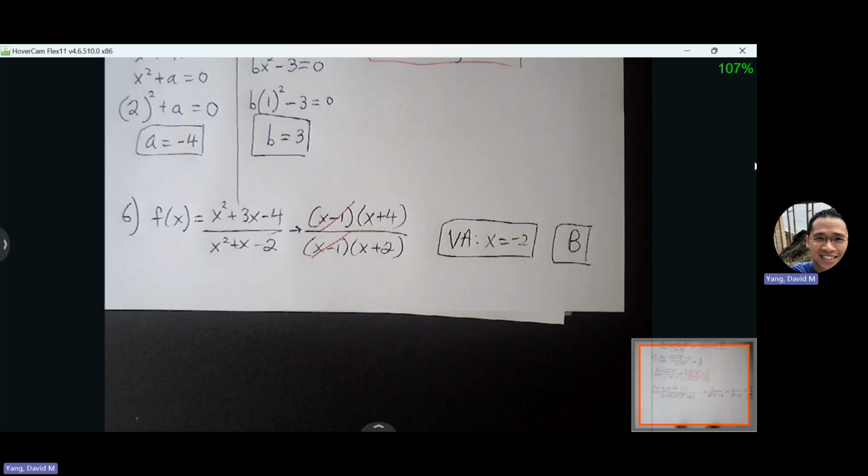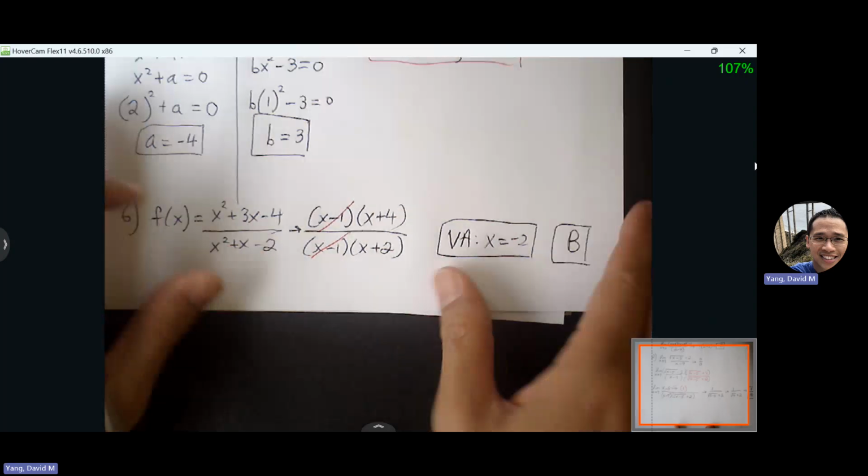Okay, any questions? All right, page 5. Another piecewise function. We're going to walk through the same process that we did before.